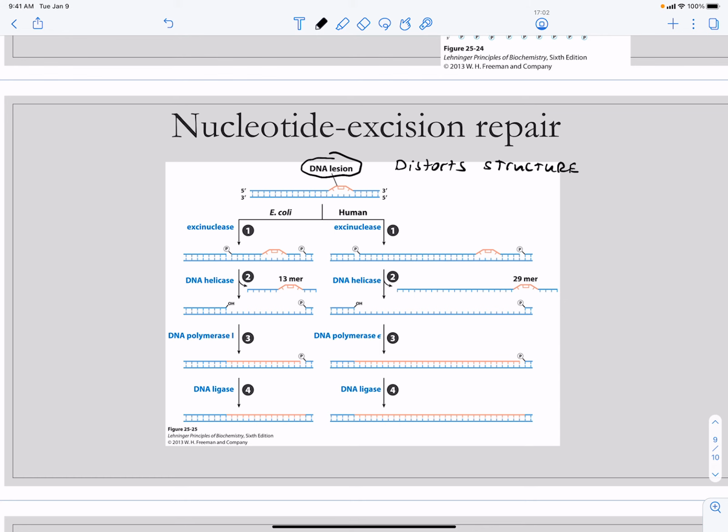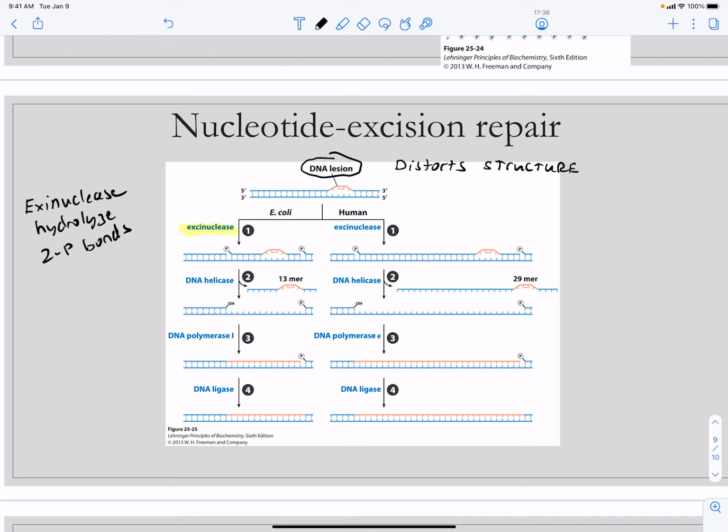Just like all the other repair mechanisms, this is going to be important for the survival of that cell and overall organisms. And in this case, we have our excinucleases. And our excinucleases are going to hydrolyze the two phosphodiester bonds on each side of the distortion.